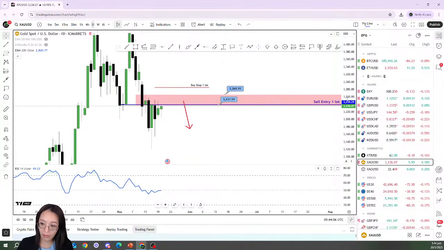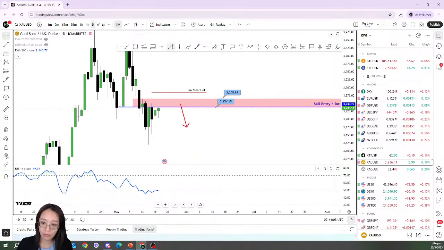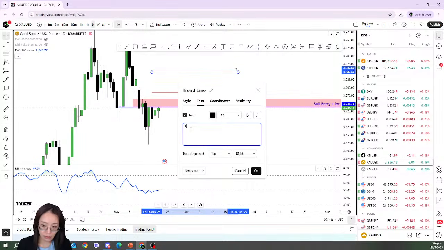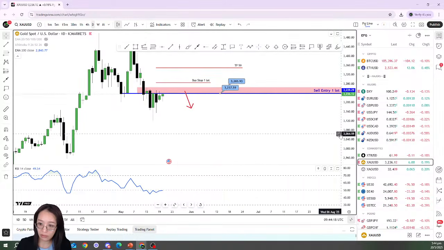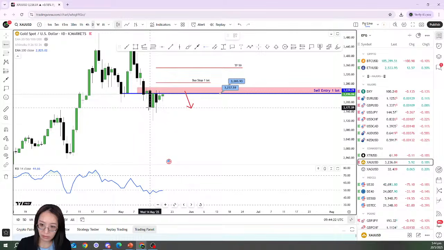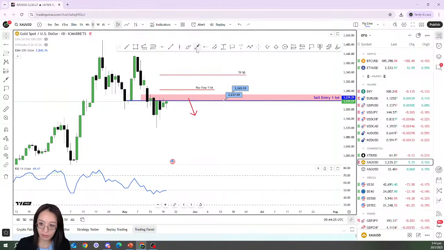So for example, I will aim here for take profit, TP 50 pip. For my sell entry, I will put it at the body, for example, also 50 pip.